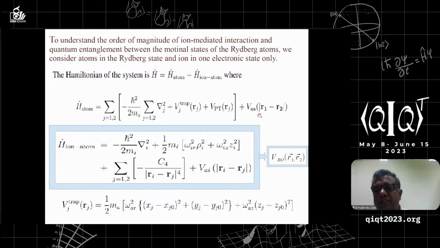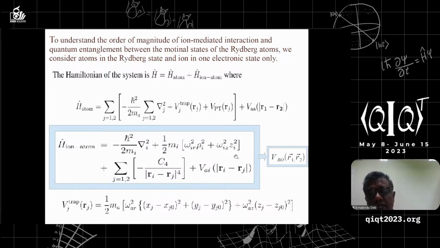And then we have this isotropic atom-atom interaction. This is basically the van der Waals interaction, minus C6 by R to the power 6. And then we have the ion part, which is the ionic kinetic energy. Then we have this trap.